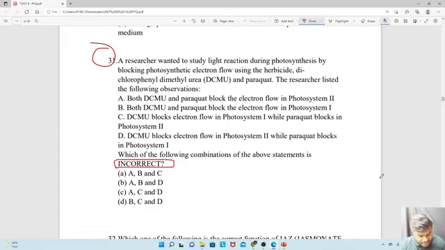You have to give the answer which is incorrect. So fast. 31.